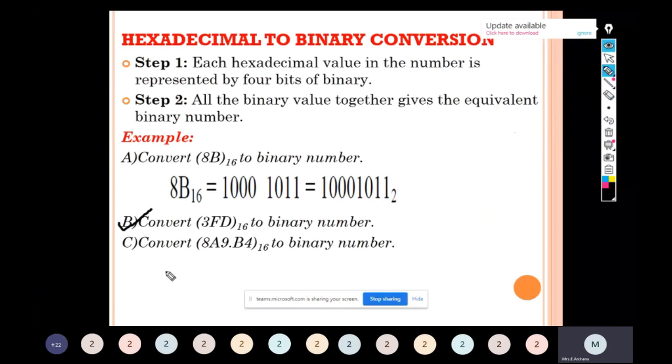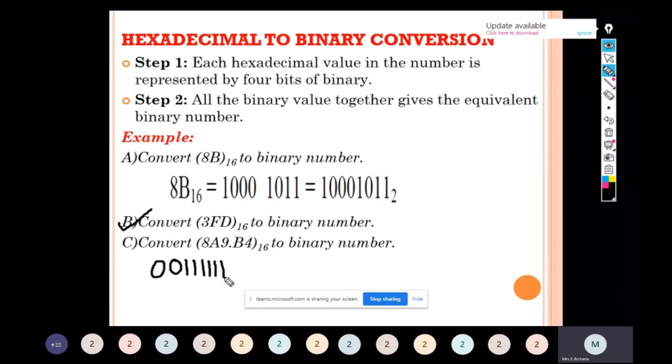They have asked to convert this hexadecimal number to binary number. 3, what is the value for 3? It will be 0011. This is the binary number for 3. F will have the binary number 1111.